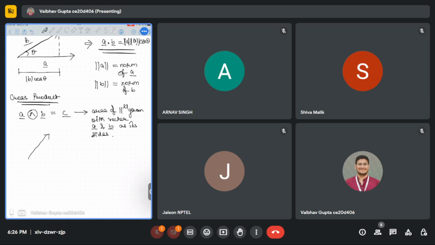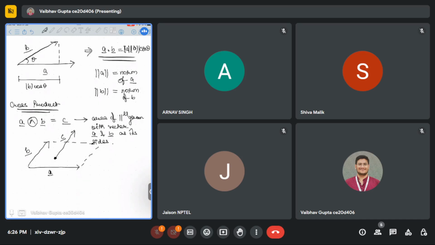Suppose this is the B vector, this is the A vector. So these are the sides of the parallelogram. So C is nothing but the perpendicular to this plane. This is the C vector in terms of significance. So this is nothing but cross product.